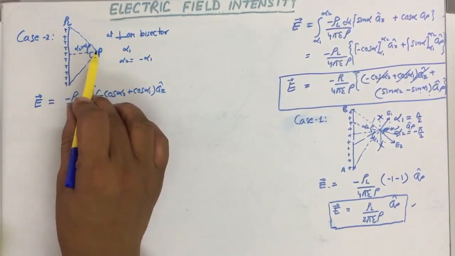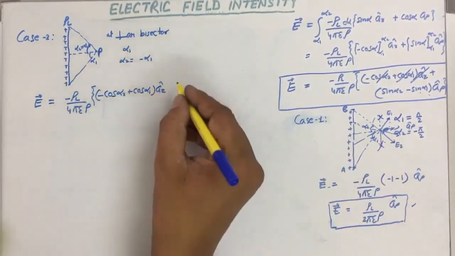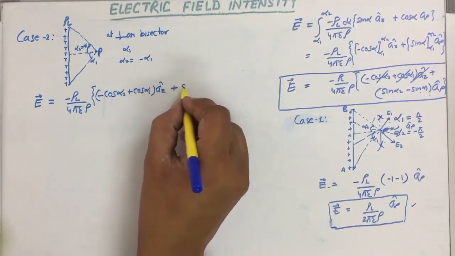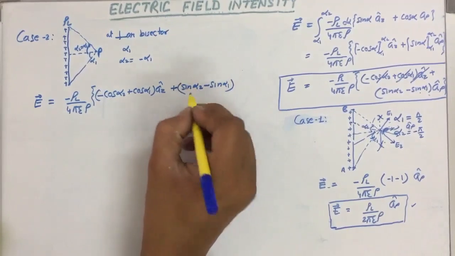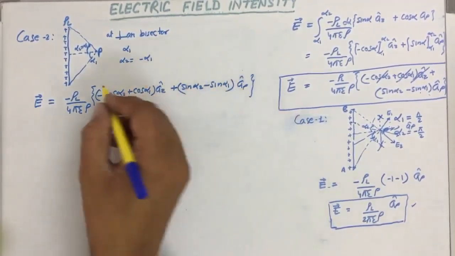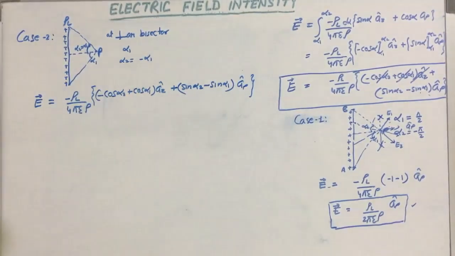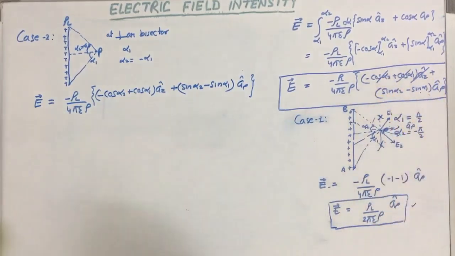Again, the AZ component must not be there according to this analysis. So let us see, plus sin alpha 2 minus sin alpha 1 in the direction of A rho. I have just written this formula once again.